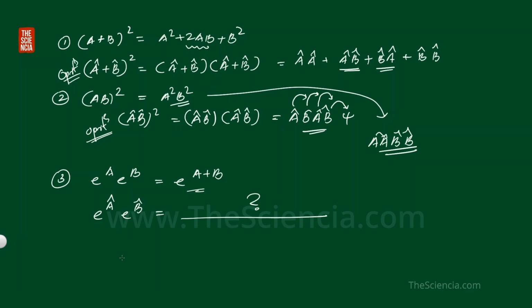Initially, I tell you the answer: e raised to a cap times e raised to b cap equals e raised to a cap plus b cap plus the commutator of a cap and b cap by 2. This is e raised to a cap times e raised to b cap in operator algebra, not the other one.